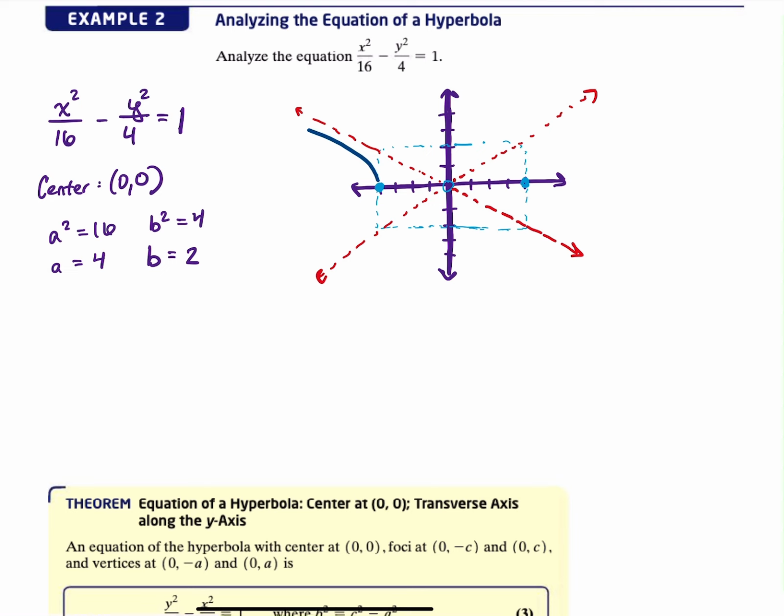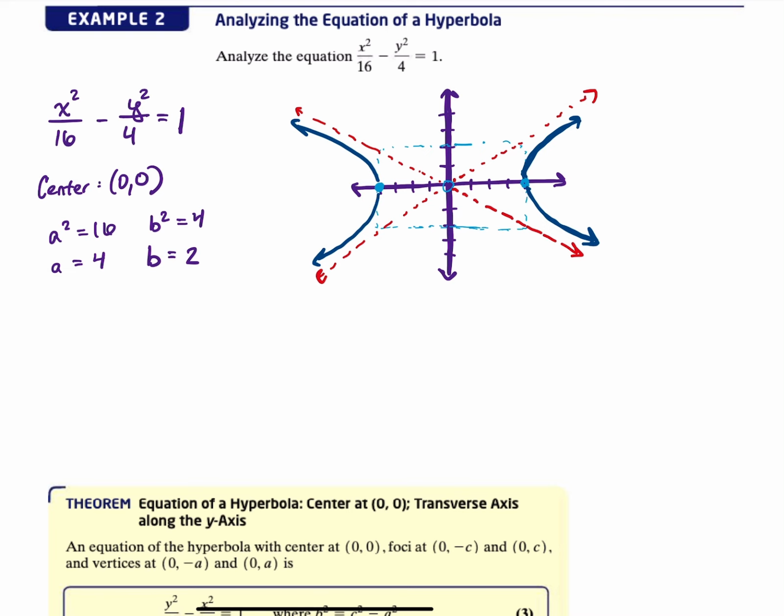And we can build our curves. So there's our graph. Now let's list all of our attributes.